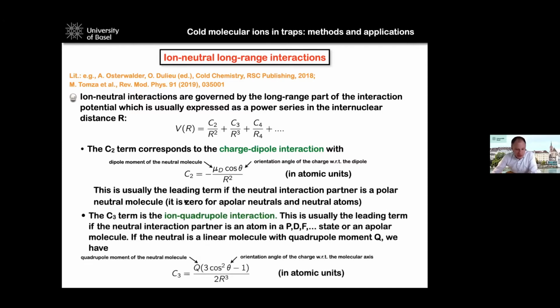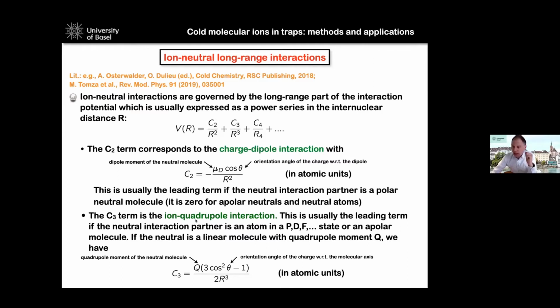If the molecule is not polar, or if it is an atom in certain states, then we do not have this term, and the leading term is then this C3 term. And the C3 term corresponds to an ion-quadrupole interaction.